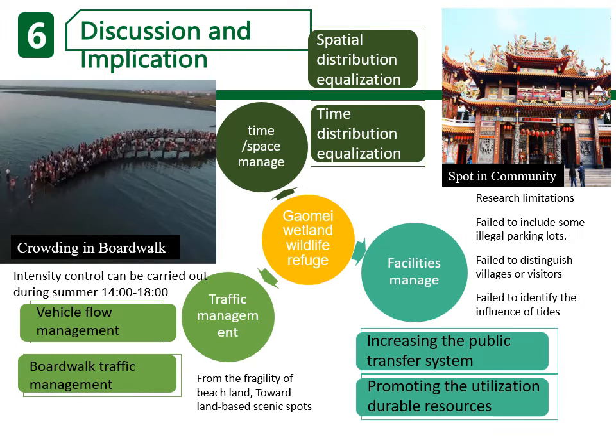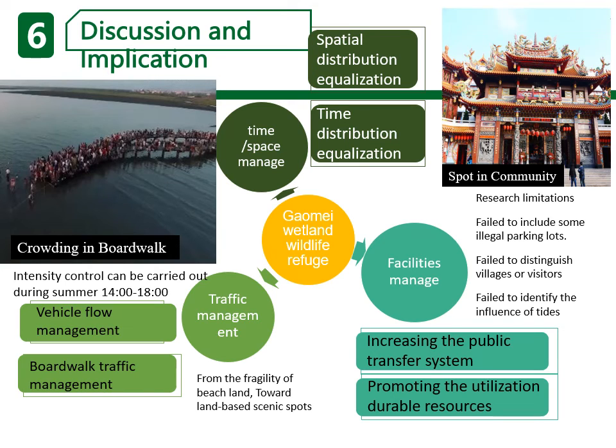In total, from the above results, this study combines the systematic simulation of the land recreation decentralization strategy in the wetland protected area. In order to distribute tourists equally by spatial and time frame, there are three kinds of management issues which can be emphasized. First, intensity control can be carried out during summer between 2 o'clock in the afternoon till 6 o'clock, according to our VGI data frame.